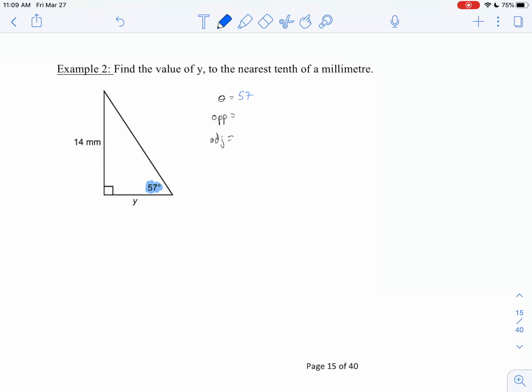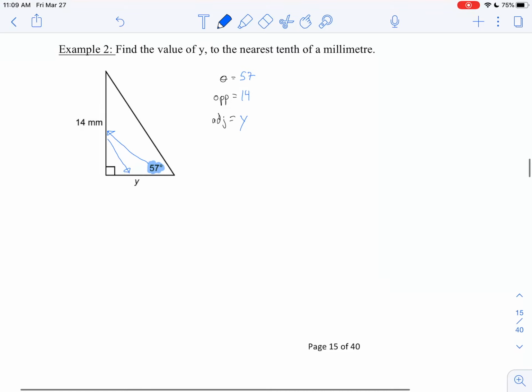From our theta, we go directly opposite to find our opposite side. So opposite our theta is 14 millimeters in this case, and then our remaining measurement, the only other side that's not the hypotenuse or the opposite, is y, that adjacent, or we kind of think of that as the base for now if you like, depending on which way that triangle's faced.